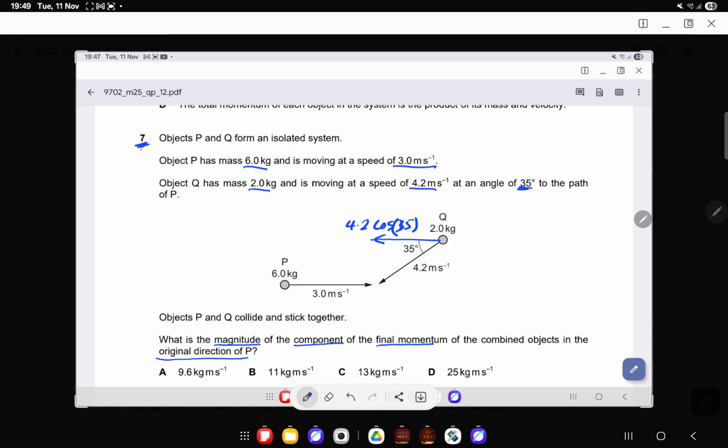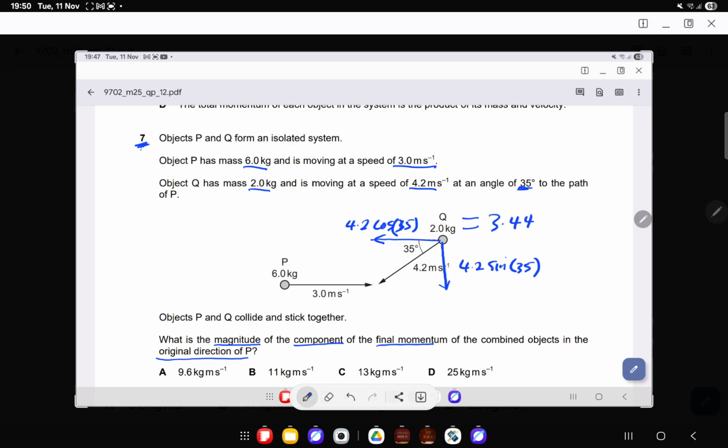And the vertical component will be 4.2 sine 35. But in this question, we wouldn't need the vertical component. If I compute the horizontal component of Q, I'm going to get 3.44.